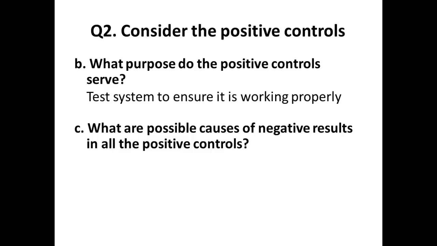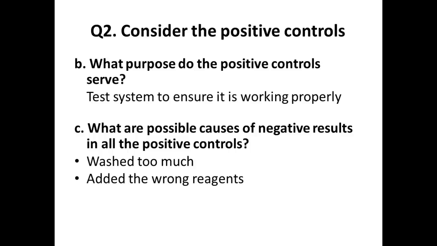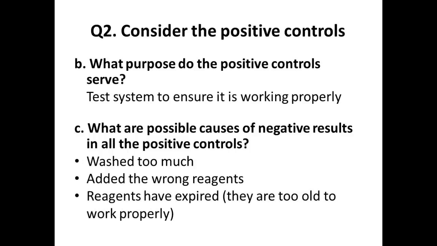What's the possible cause of negative results in all your positive controls? What could have gone wrong here? Too much washing, right? You washed it all out. What else? Adding the wrong stuff to the tubes. And the reagents themselves could be expired.